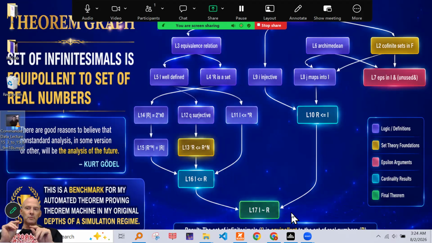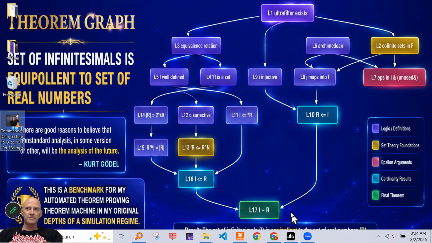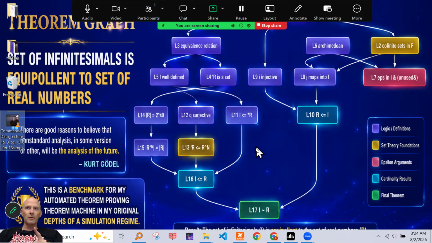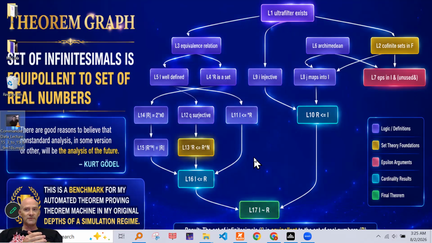I'm trying to make an automated theorem prover that can do this problem. This is what I want to do. And it occurred to me one day that it should be hard for a machine to do this problem because it's hard for me to do it, or hard for me to wrap my head around it.